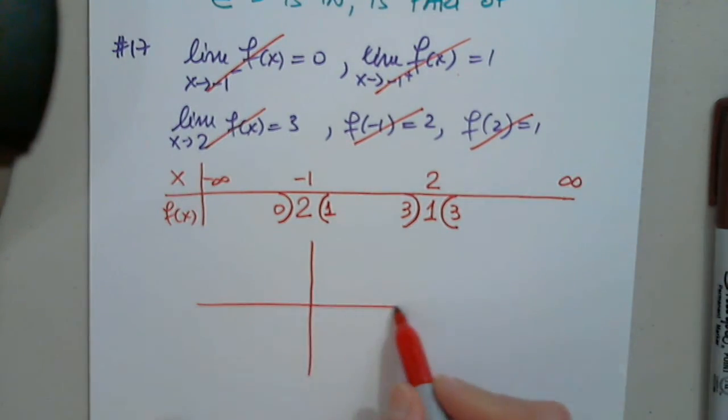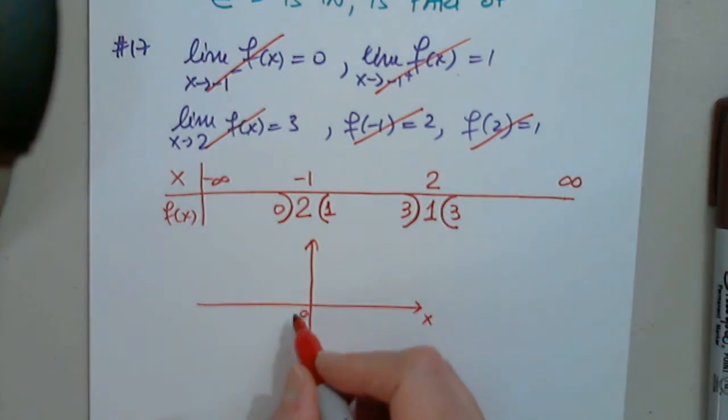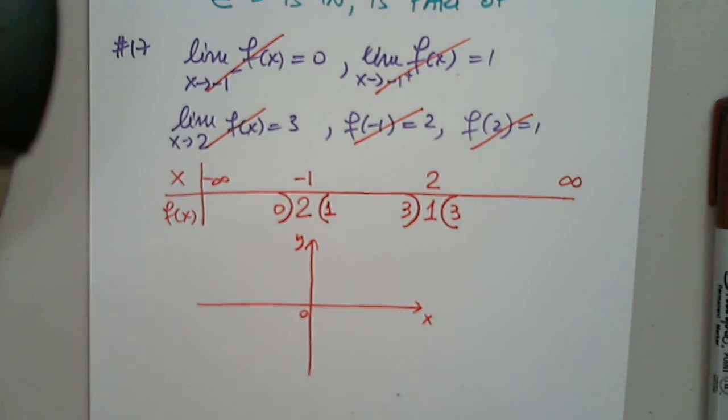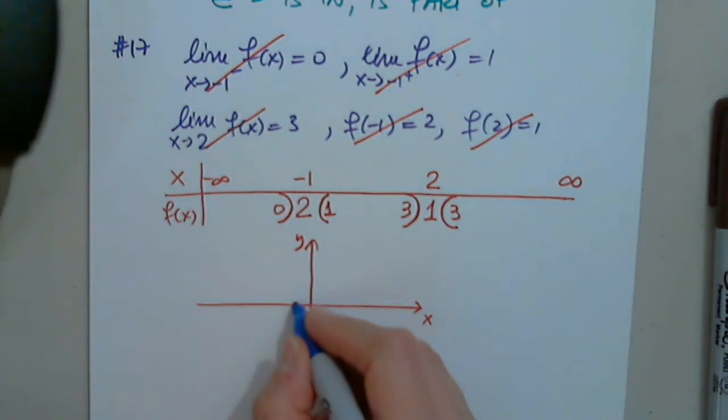So, coordinate system, x, origin, y. And now I'm going to put the points first. This point, -1, 2.